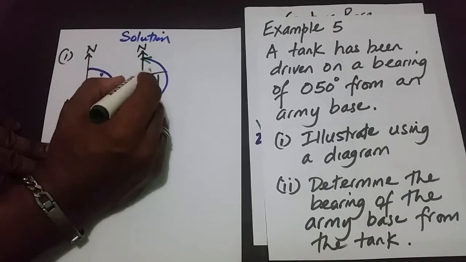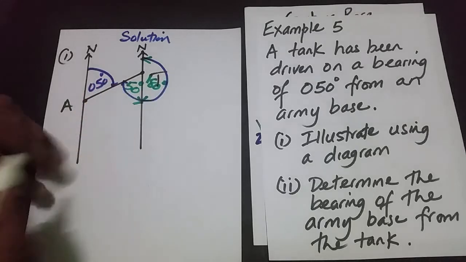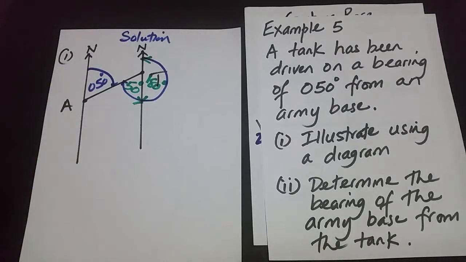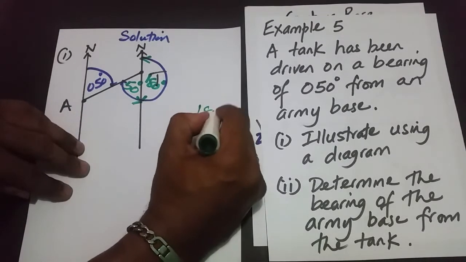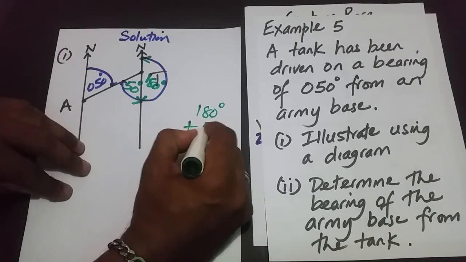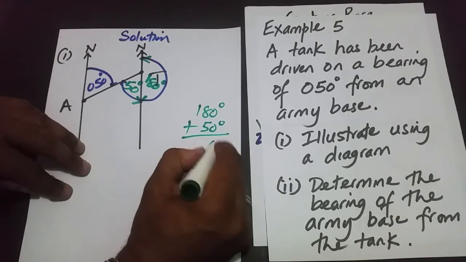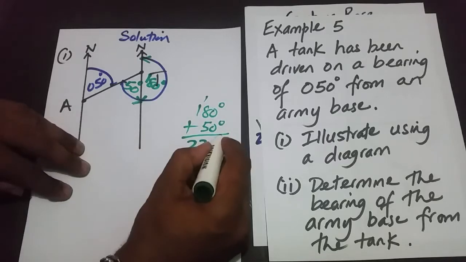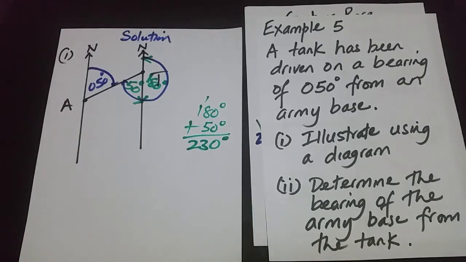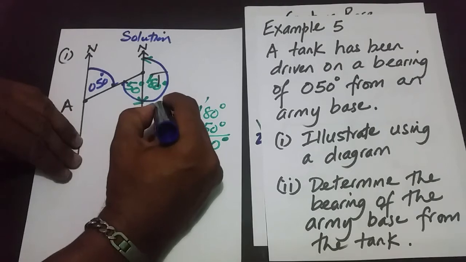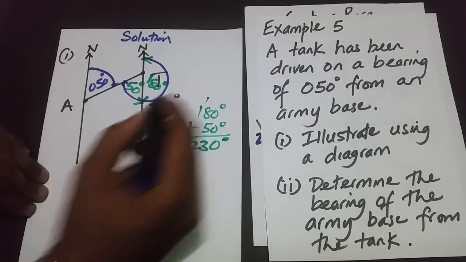And of course, this is going to be 180 degrees. So, in other words, to get the large angle, just add 180 degrees to 50 degrees, and you're going to end up with 230 degrees. So this massive angle out here is going to be 230 degrees.